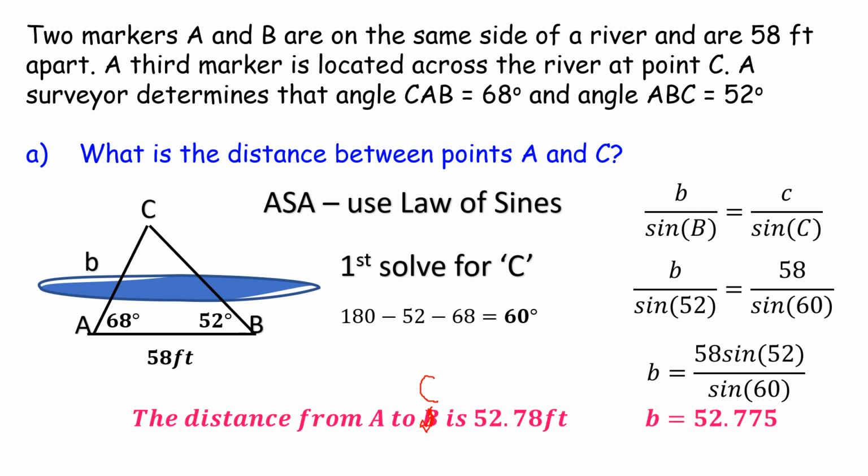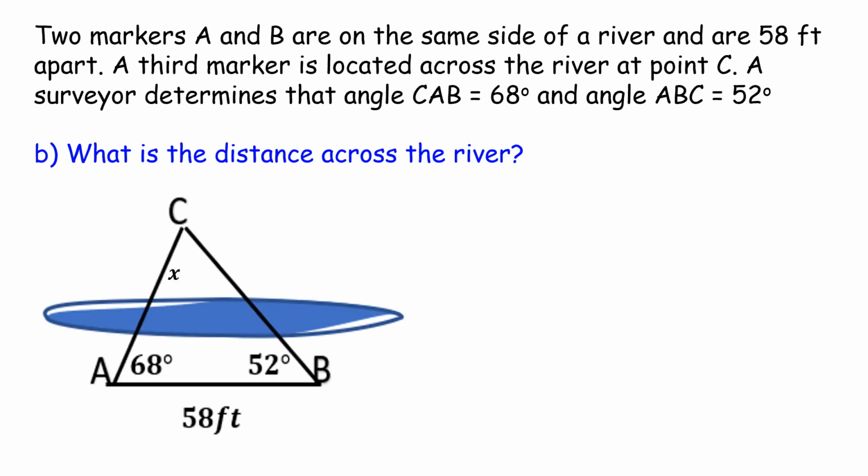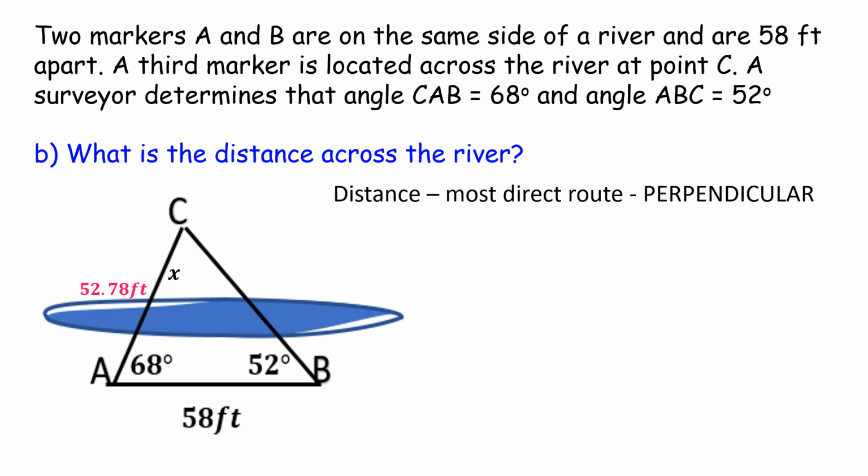Sorry about that typo. Okay, we have another question with this same information. So now we want to know the distance across the river. Now you'll notice I've put all of that same stuff back in, and I do have a little X over here. That's for something else. It just got kind of misplaced at the moment. So across the river, that means we want the most direct route, and we want to be perpendicular.